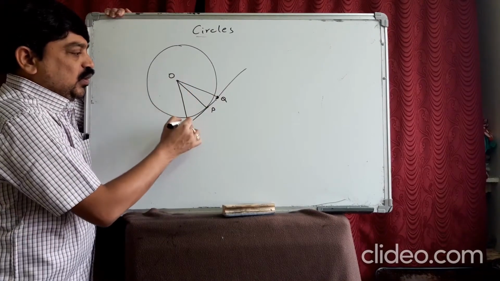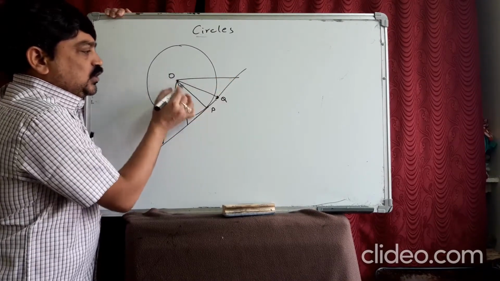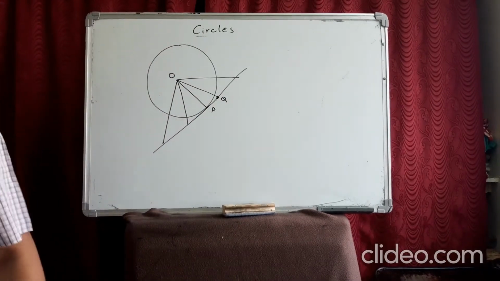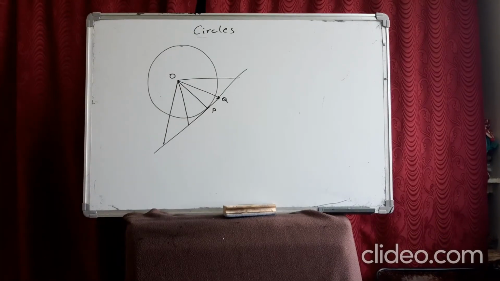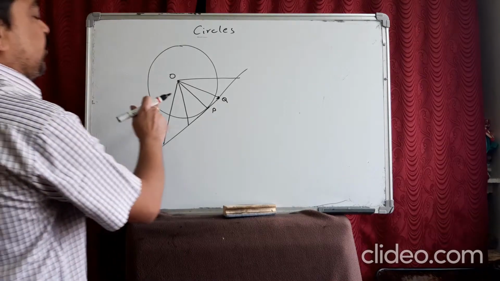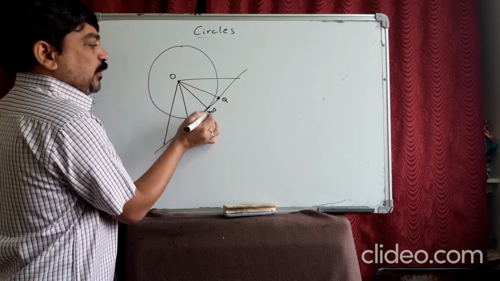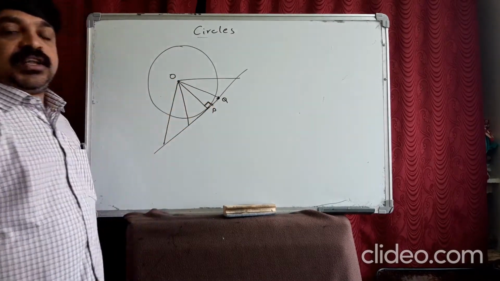And if you take any point anywhere, this is the shortest distance. So the radius is always the shortest distance of a circle. And the shortest distance will always be equal to the perpendicular distance. So we can say that this is the perpendicular, and the perpendicular always passes through the point of contact.